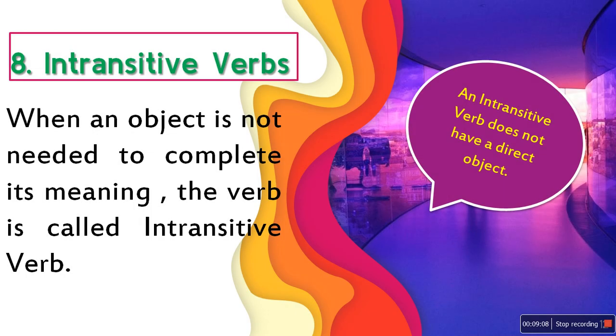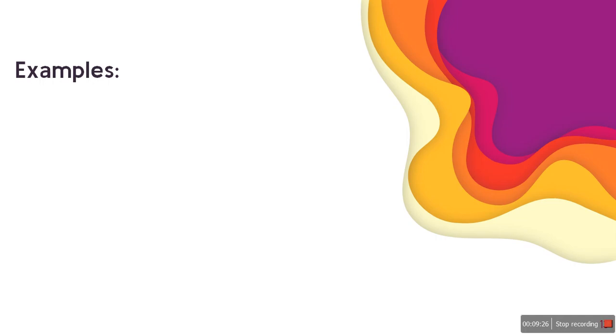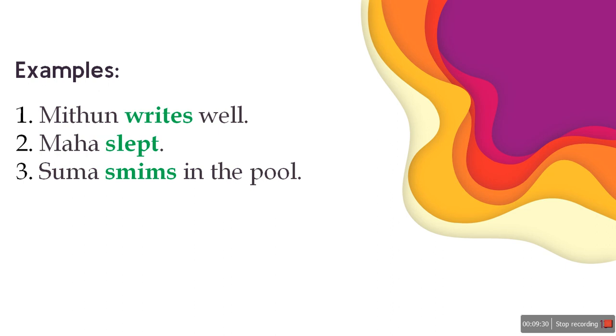Next. Intransitive verbs. When an object is not needed to complete its meaning in a sentence, that verb is called intransitive verb. An intransitive verb doesn't have an object in the sentence. Fine. Let's see the examples here. Mithun writes well. Mithun is the subject, writes is a verb. Well, it's not an object, it's a complement.